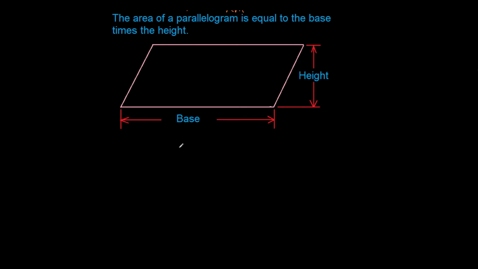So let's say this base was 10 miles, and its height was 5 miles. 10 times 5 equals 50 square miles.